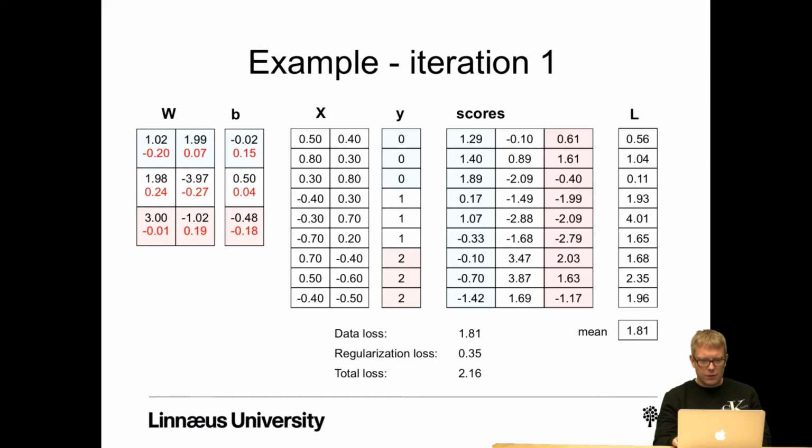In the second iteration, we now have a new set of weights. The first weight is 1.02, because we upgraded it by minus 0.20.